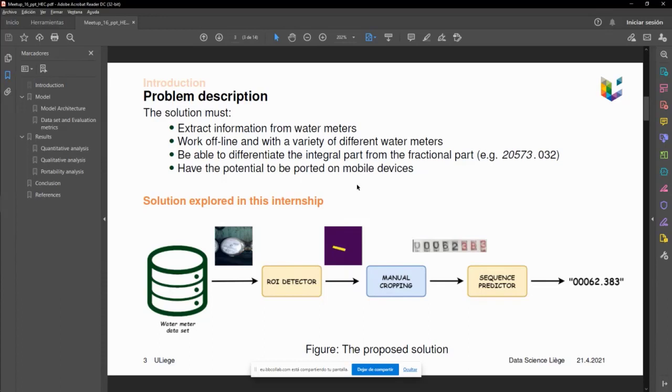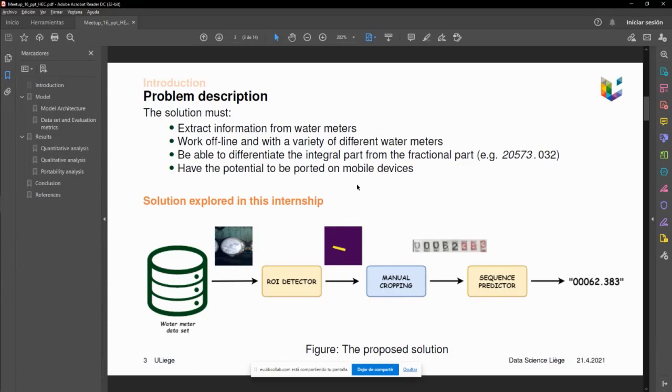Then this application should be able to work offline, that is, it should not be a cloud-based service, and it should distinguish between the integer part of a number as well as the fractional part of the number.